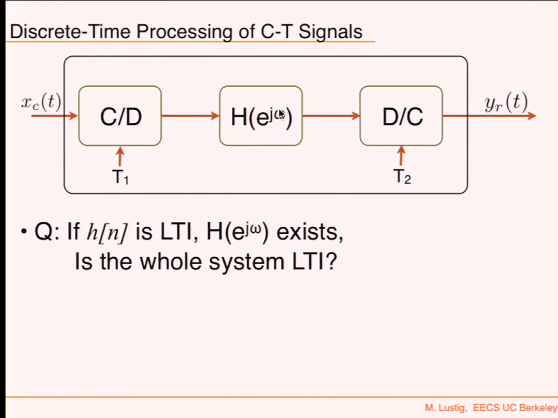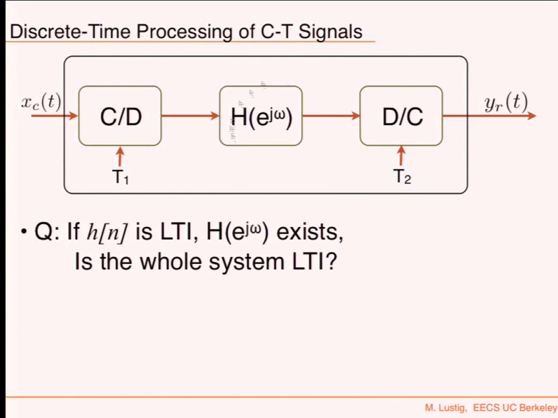Why do I assume it's LTI? I've written here something that by definition makes it an LTI: frequency response. There is no frequency response for something that's not LTI. Okay? So it has to be an LTI system.